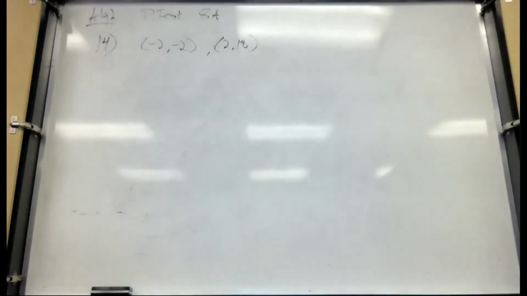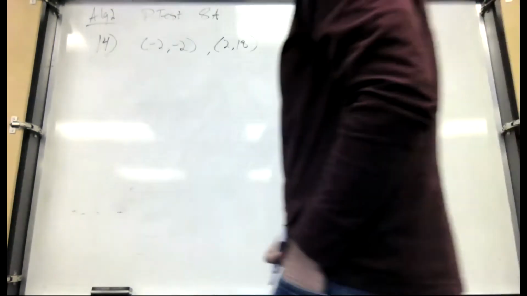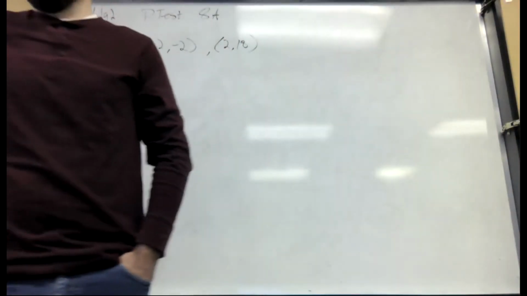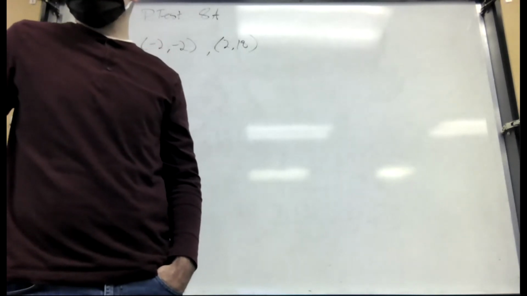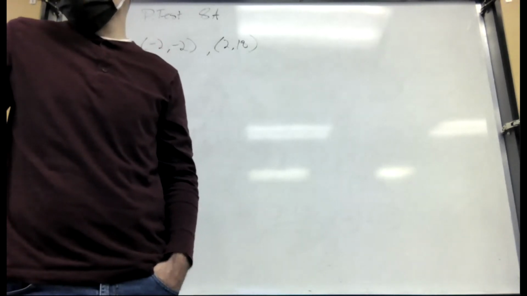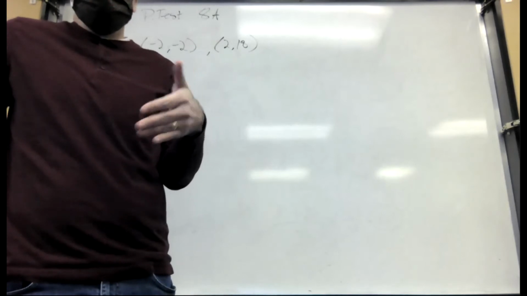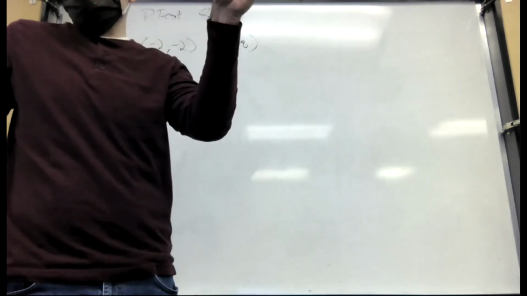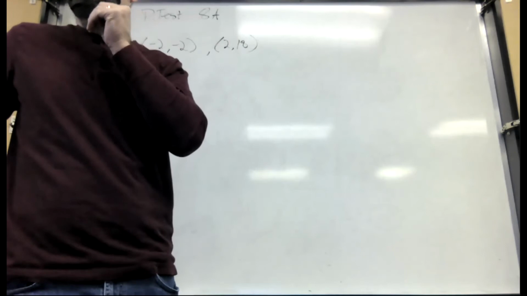So we could still use the point slope formula to figure out our equation. Or we could do it another way, but so we have 2 points. So we don't have a point and a slope, but since we have 2 points, we can figure out the slope, right? How do you figure out the slope between these 2 points?